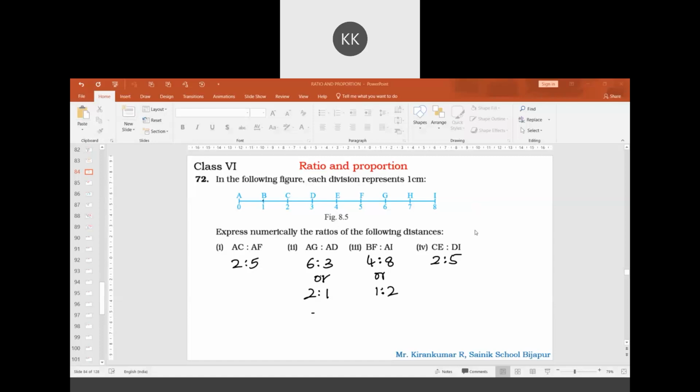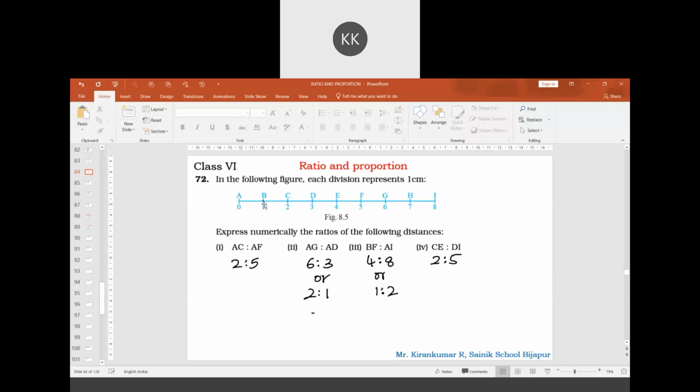So this is our 72nd question, which is already done here. AC to AF, that ratio we need to find. From A to B, they have given it's 1 centimeter. From B to C also 1 centimeter. So AC becomes 1 plus 1, so it is 2.